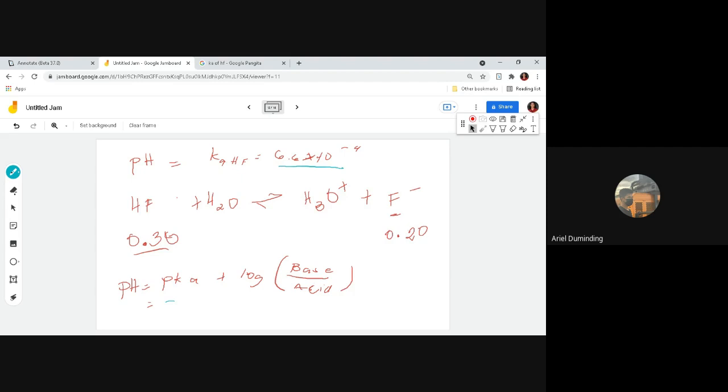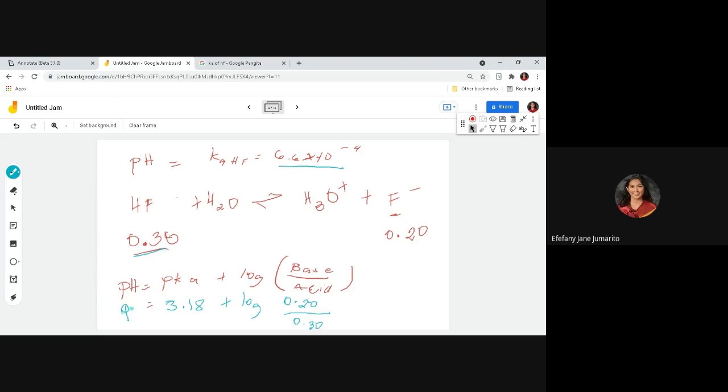pKa is 3.18, plus, what about the base? We have the base 0.20 over the acid 0.30.